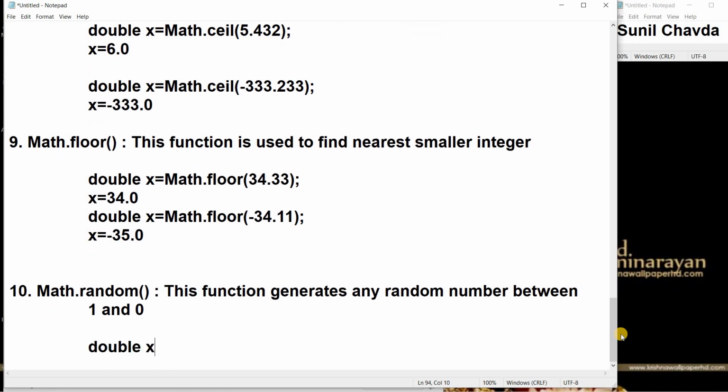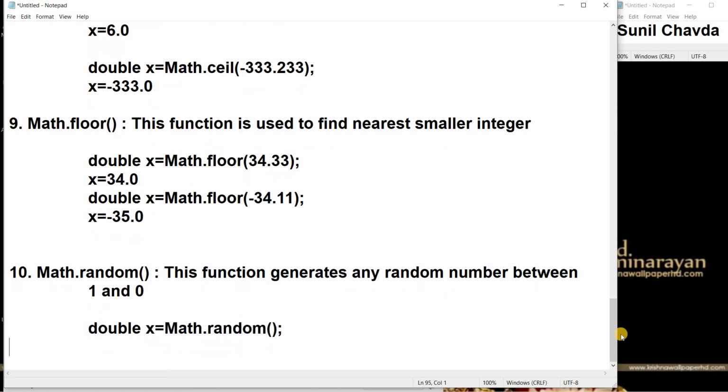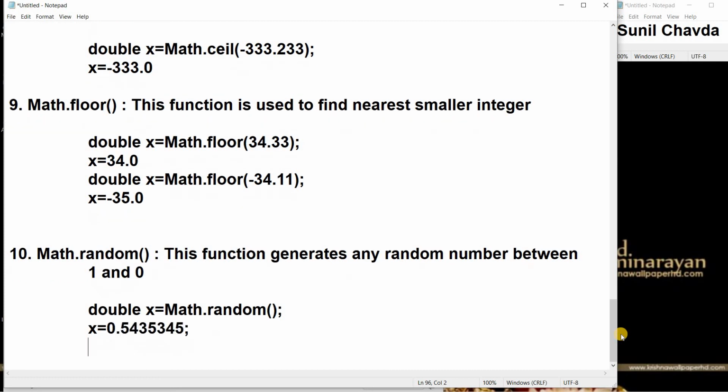So if I write double x is equals to Math.random, it will give me any random number. It can be 0 point so and so, or it can be 0 point this way. Any random number will come as an output.